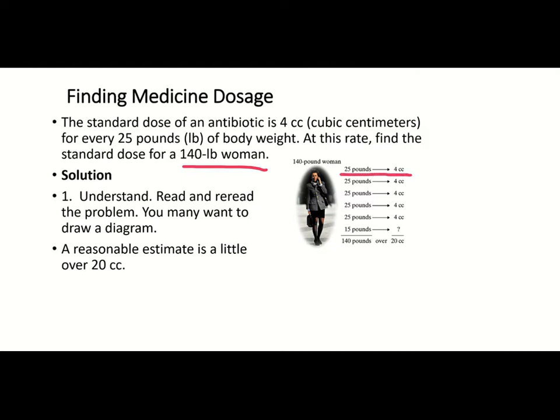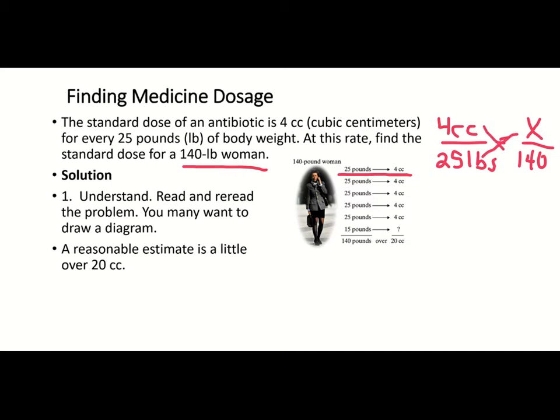We can kind of estimate how much medicine the person will need, but to find the exact amount so that we don't give them too little or too much medicine, we're going to use a proportion. We know there's 4 cc's for every 25 pounds. I'm going to write that as a ratio. Then I know that my person weighs 140 pounds, and I need to find out the dose of the medicine. So there's my proportion.